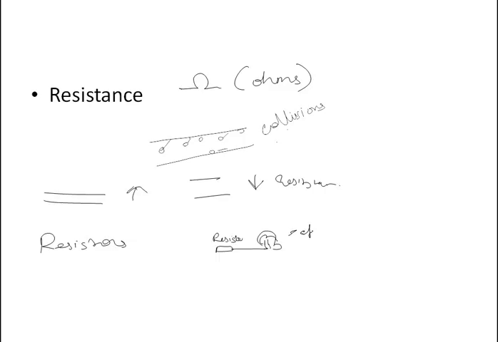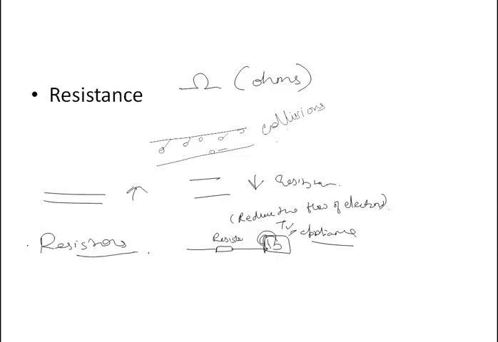This is an appliance, suppose a TV. So a resistor is used to reduce the flow of electrons. So for the purpose of safety or protection of the devices or components, we use resistors.